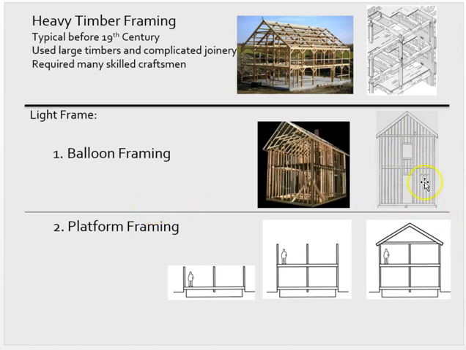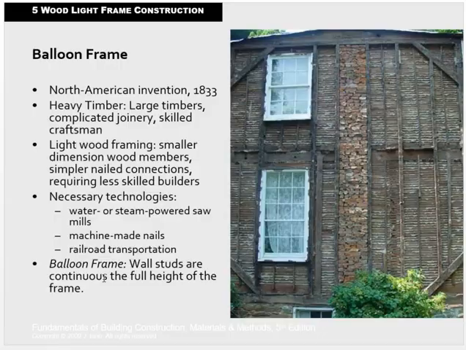That's the early variation, where we have the studs running past just a single story. So the studs would be two-story height. And then we move into platform framing, where we are today, and we'll take a closer look at that momentarily.